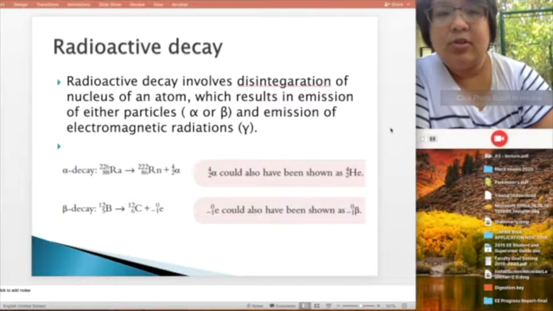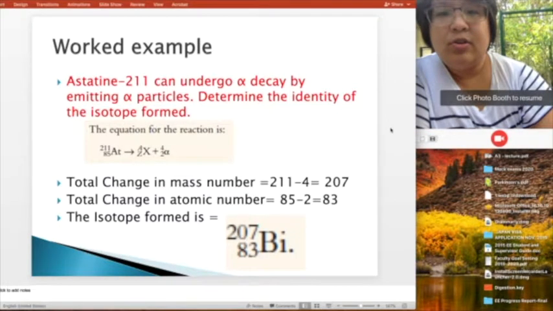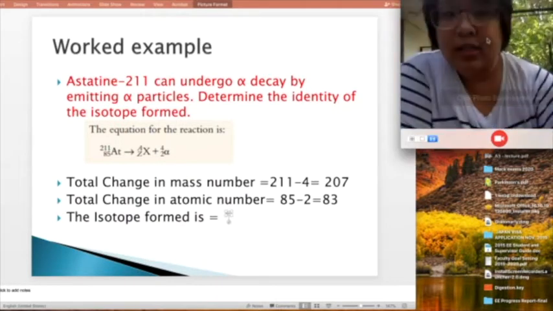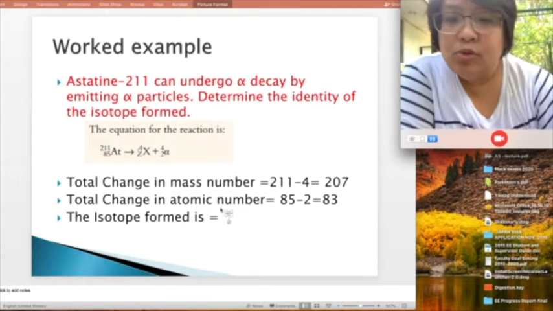All right, so let's look at some examples. For example, you have astatine-211 and it undergoes alpha decay. Alpha decay, as I've mentioned, is minus 2 in the atomic number and minus 4 in the atomic mass, because you lose two protons and two neutrons.